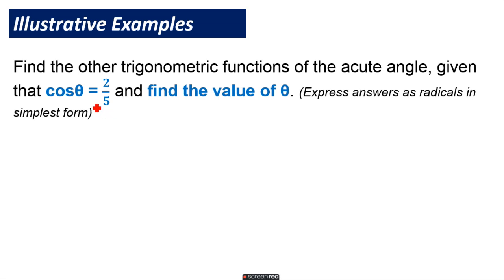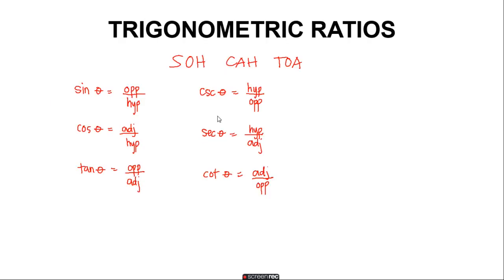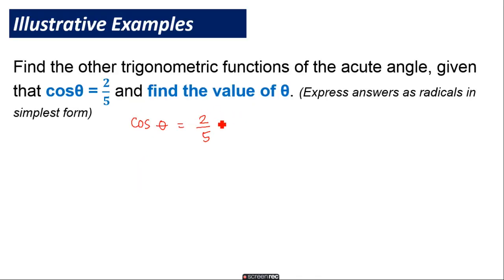The first thing that we are going to do is to always remember the ratio. So that is cosine theta equals 2 over 5, and cosine is actually adjacent over hypotenuse. So the numerator here will be our adjacent side, and our 5 here will be our hypotenuse.